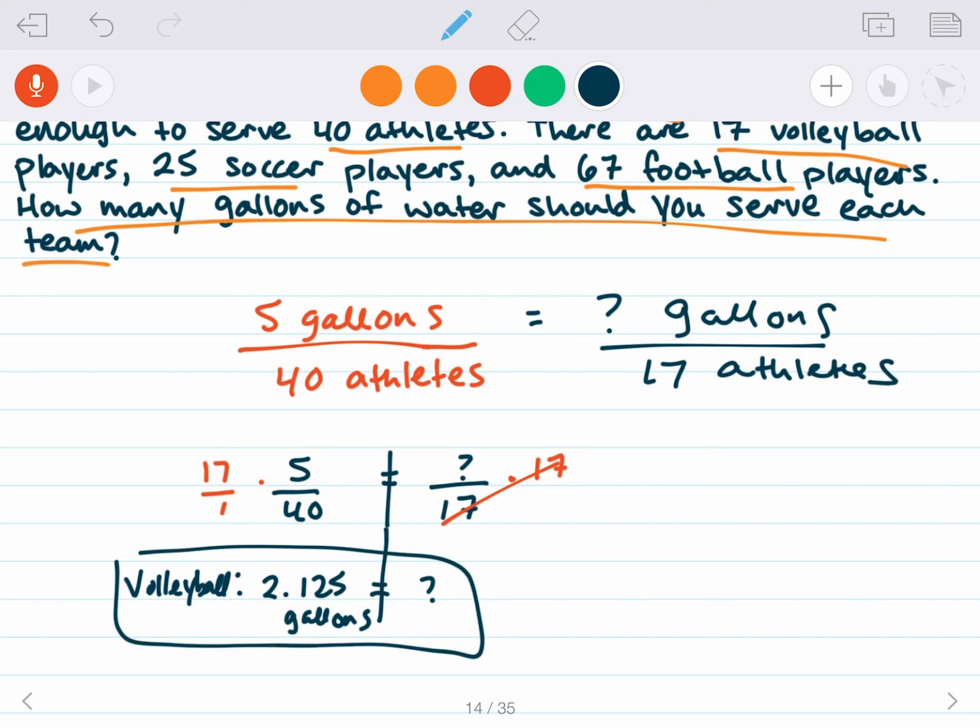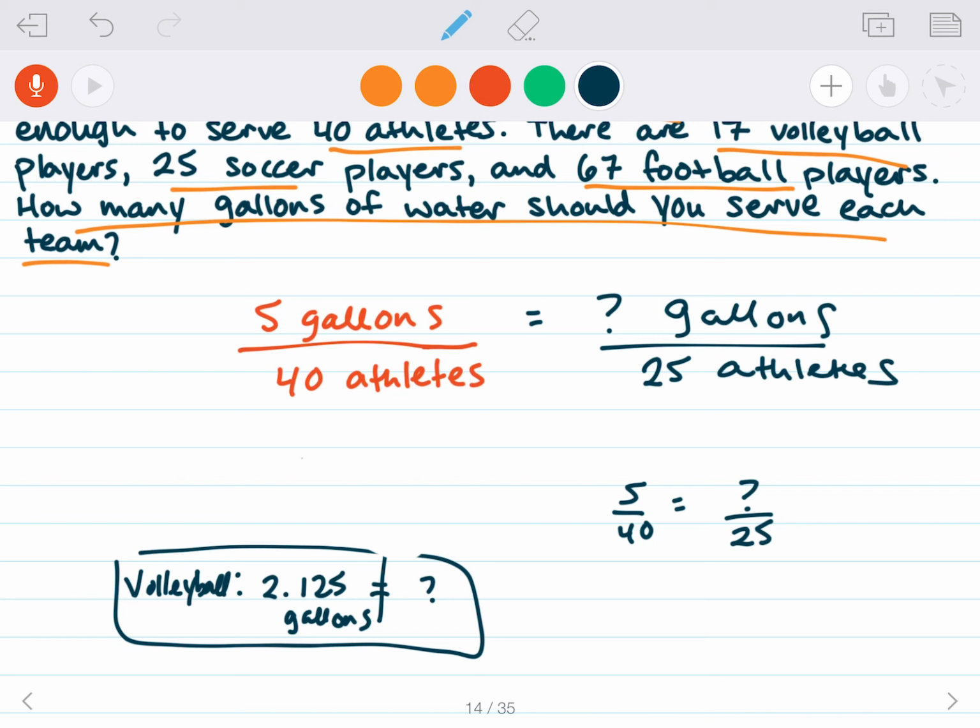And you do the same thing for the other categories. We have soccer and football. So for soccer, we have 25, so I'm just going to replace the 17 down here with a 25. And do the same kind of process. So 5 over 40 is equal to question over 25. Multiply both sides by 25 to clear that denominator. And I have 25 over 1 times 5 over 40. And I get 3.125.